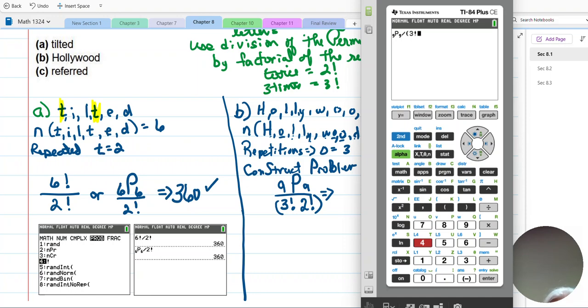And then I'm going to put times, though it will do multiplication anyway. And then I'm going to write 2, math, PRB, factorial, and close parenthesis. So I have what I need, and hopefully I get a good answer. So this is my answer.